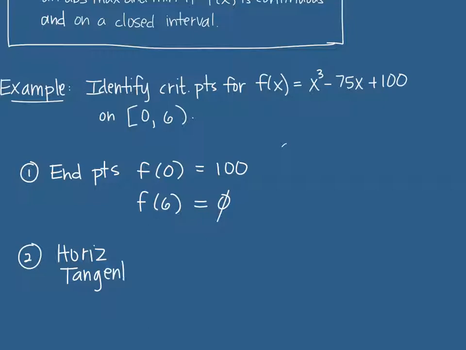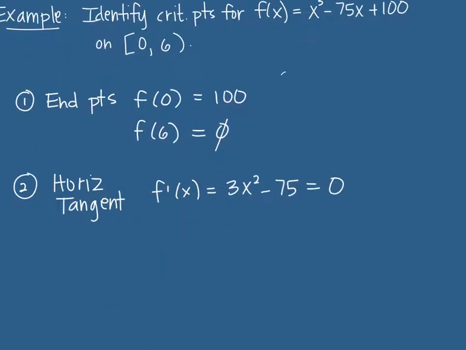To find the horizontal tangent, I am going to find the derivative, f prime of x, which is 3x squared minus 75, and I'm going to set that equal to 0. I'm going to solve that by factoring. So I get 3 factored out of x squared minus 25.